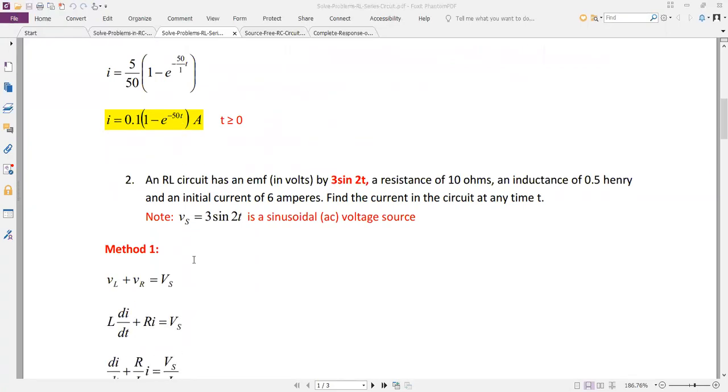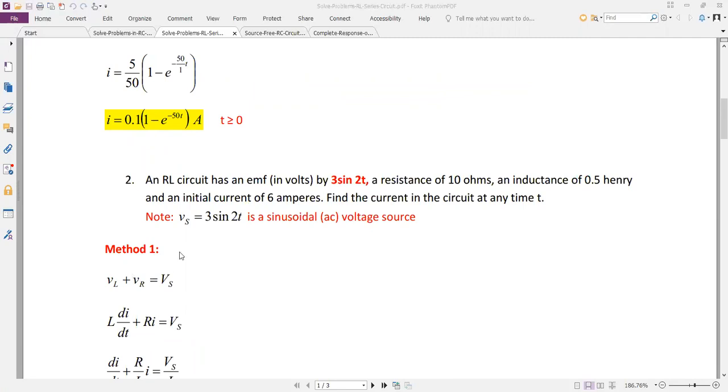Now, in the second sample problem, you're given an RL circuit having an EMF this time which is not constant, so it's an AC circuit. Resistance is given, inductance also, and this time an initial current value of 6 amperes. The first example has 0 for the initial current. You are still to determine the current at any particular time.